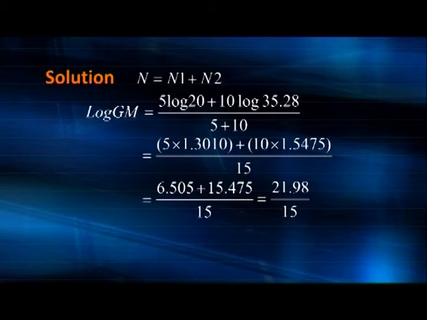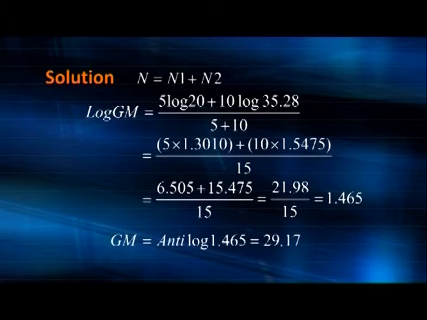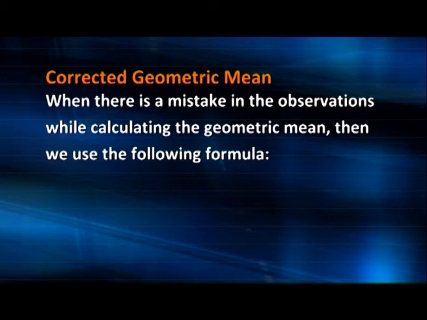Substituting the values in the equation and simplifying, we get the log of the geometric mean as 1.465, and when we find the geometric mean, we get the value as 29.17, which is the antilog of 1.465.